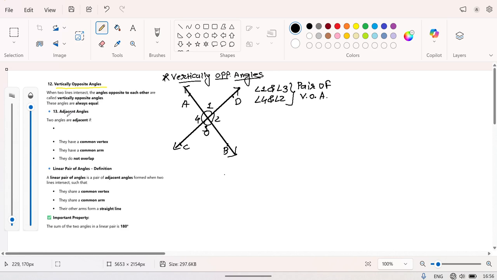Moving to the next topic, the adjacent angle. What do we mean by adjacent angle?